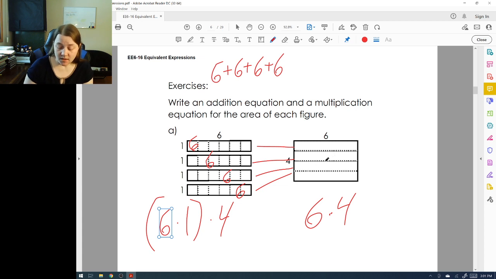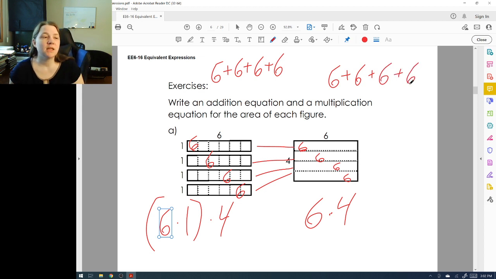Then, over here, to find an addition equation for this, it would look the same because each of these are 6 across. So you could write this addition equation, 6 plus 6 plus 6 plus 6. It depends on how you choose to interpret the problem.